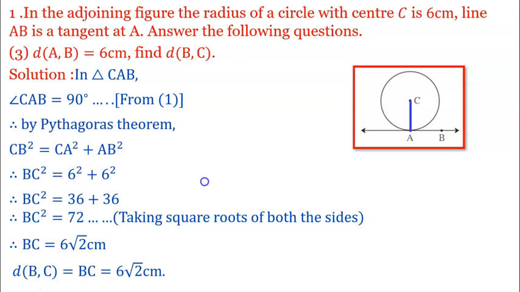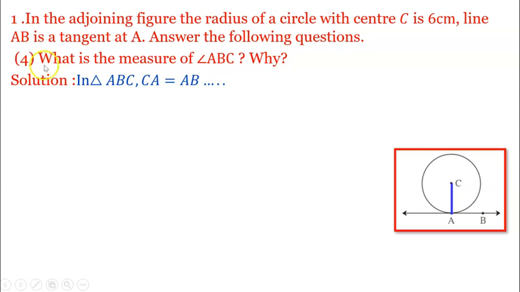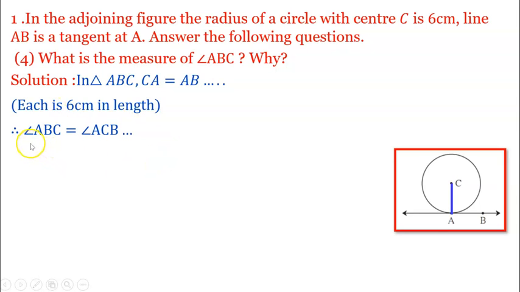Now the next, what is the measure of angle ABC and why? In triangle ABC, CA is equal to AB, each of 6 centimeters in length, and therefore angle ABC is equal to angle ACB.